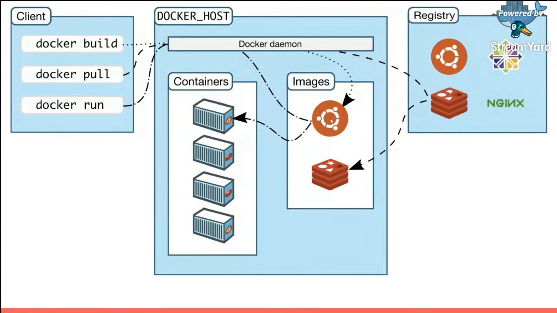So you might have an Ubuntu image, which is basically built up of multiple layers until you reach the layer where Ubuntu can actually run. This is Redis. And then using the Docker daemon, you can use an image and create a container running this image, right? And you can create so many of them. This registry over here that you see, you can think of it as GitHub for these Docker images.